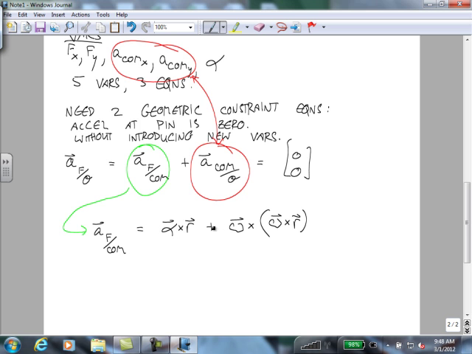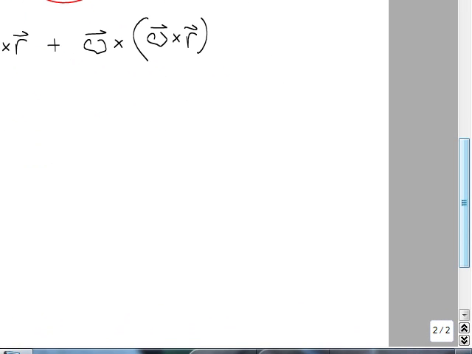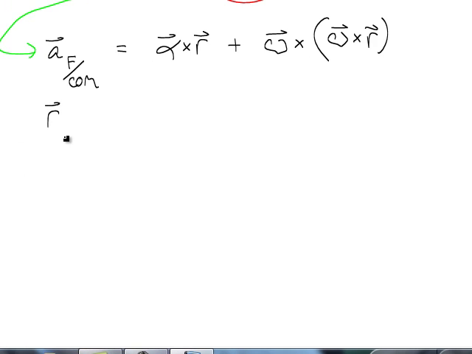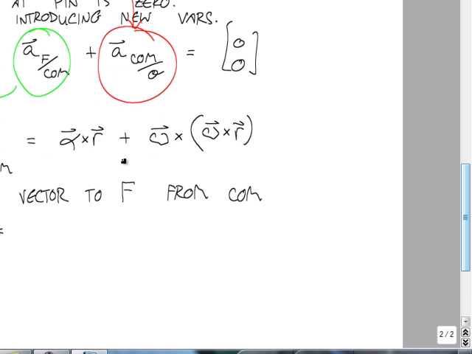What that's saying is if the center of mass is fixed, then F is just moving in circular motion around the center of mass. That r vector is the vector to F from the center of mass. So r is equal to 0.125, 0.217, 0.